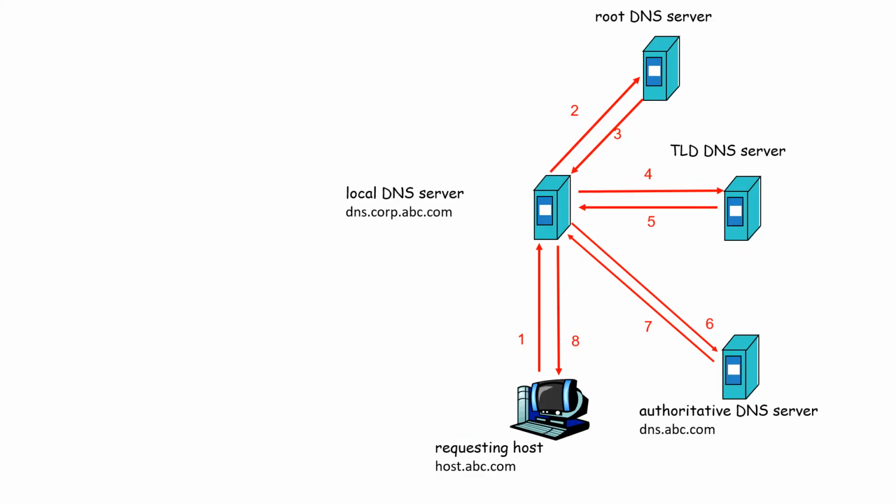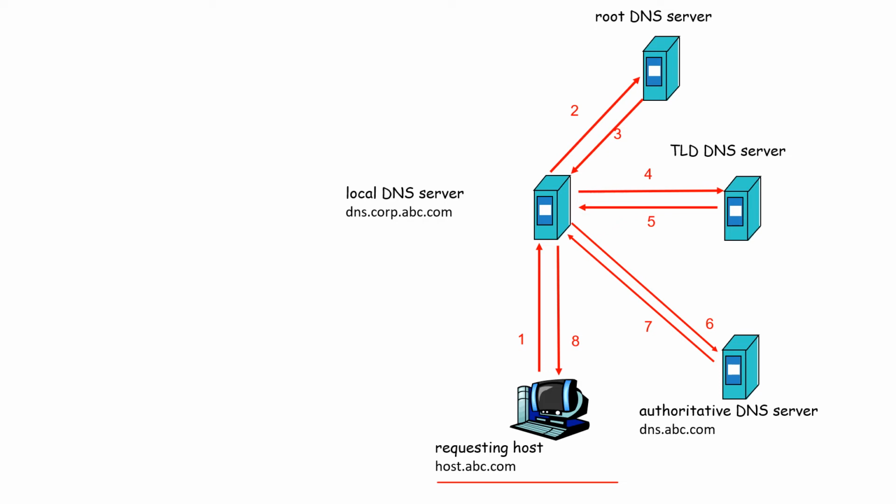Let's also try to understand what exactly happens when we browse some website, how the whole DNS lifecycle looks like. So this is my host, and from here, I want to go to a website which is host.abc.com.